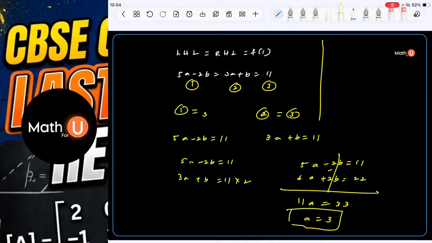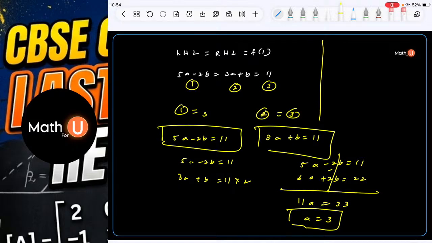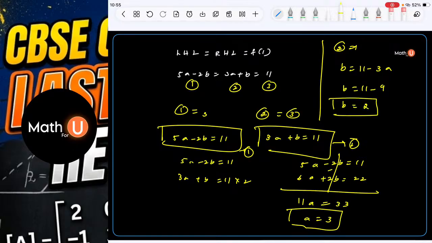Substitute a value in any of these two equations. From the second equation, b is equal to 11 minus 3a, b is equal to 11 minus 9, b is equal to 2. This is our answer. A is equal to 3, b is equal to 2.